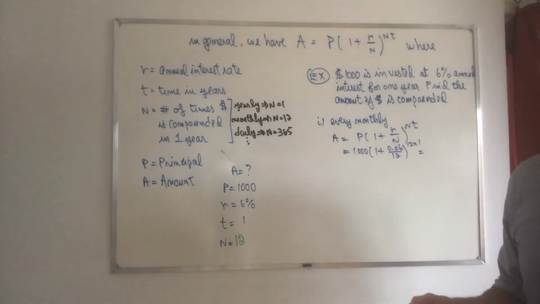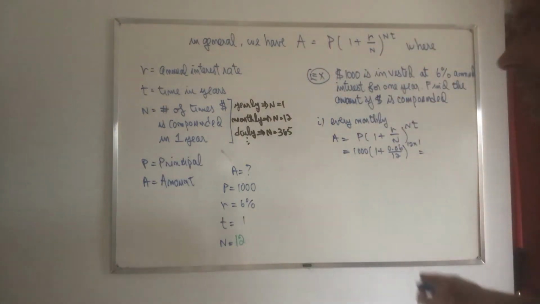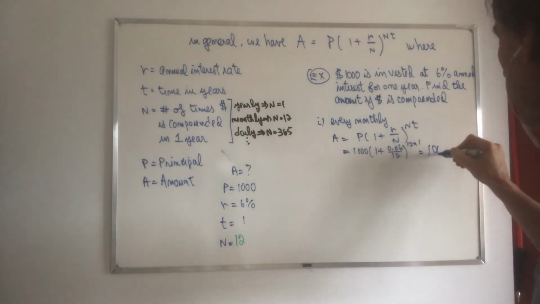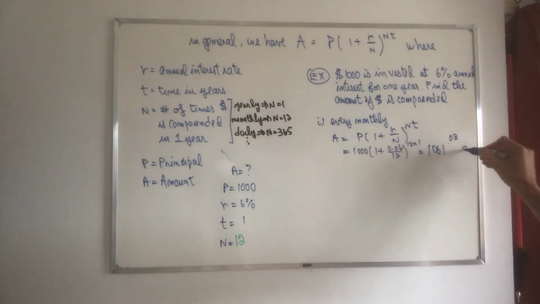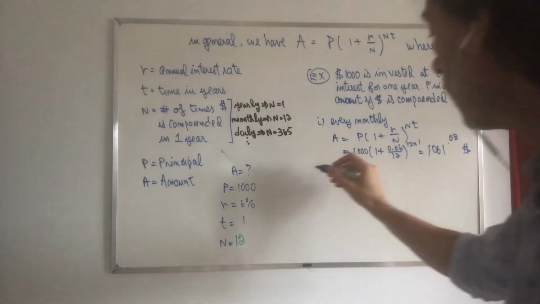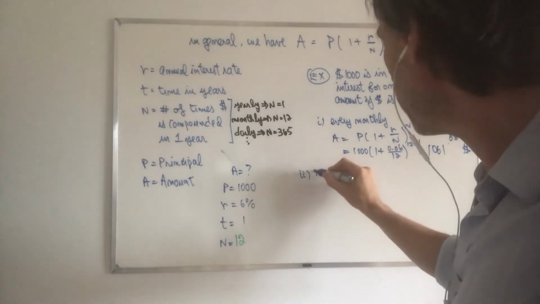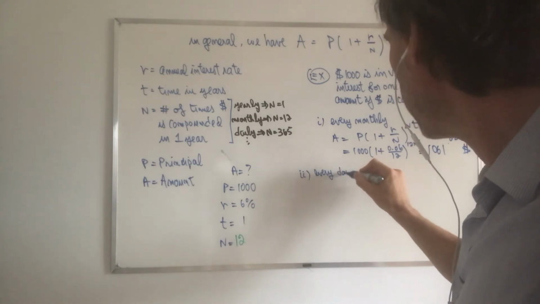I put that into my calculator, and what I'm going to get is what I get at the end of a year when money is compounded monthly. I am going to get 1,061.68, I believe, dollars. Let's redo this. If money is compounded every day, so daily.